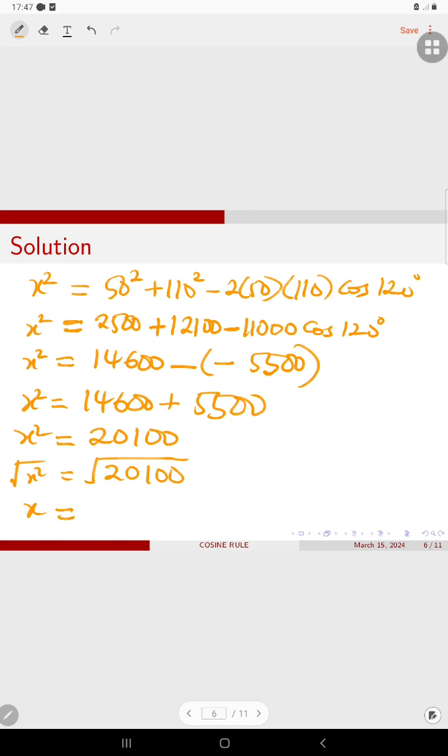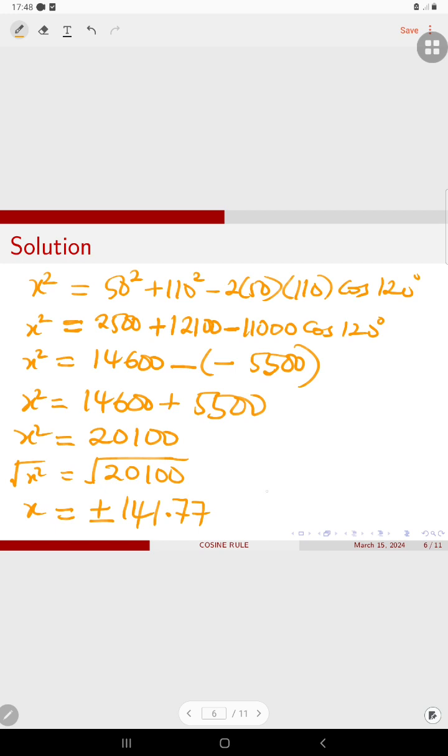Square root of 20,100 is 141.7744. So to two decimal places, I think I can end here. Go back to the question. Don't forget, I said something previously. This is plus or minus 141.77.